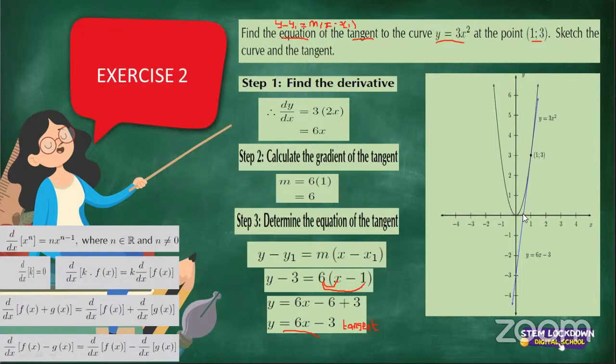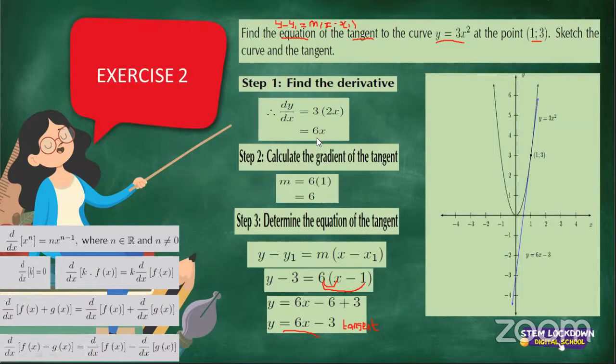Remember, a tangent is a straight line that touches what? It touches your function or your curve at one point, isn't it? Yes. So the gradient at a point will be different from the gradient at other points. So you have different gradients along this line. Does it make sense? Yes.